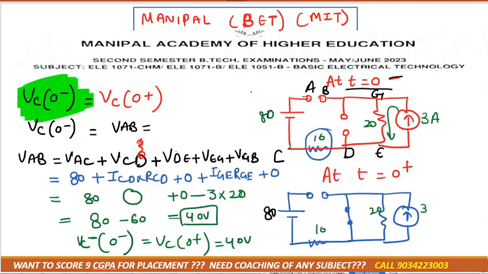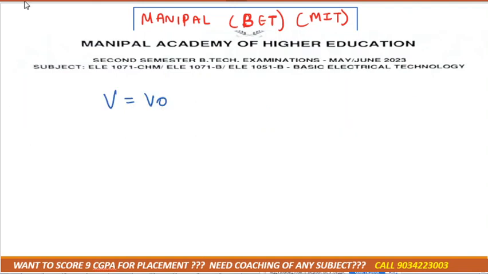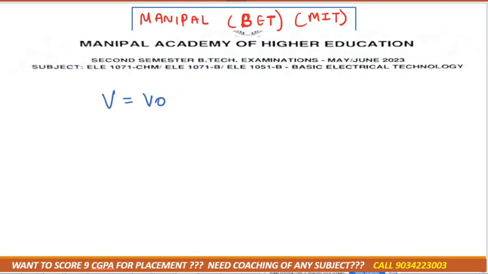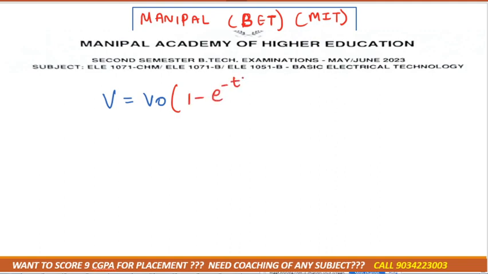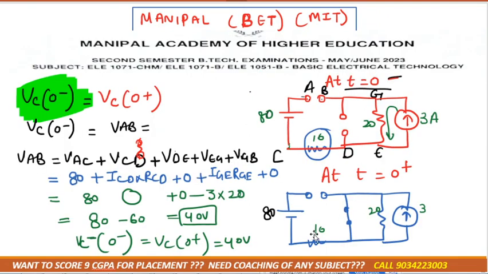Now it keeps on charging, then only it will move to 50 volt. So we have the formula for charging, V equal to V naught into 1 minus e raised to power minus t by tau. Tau formula is equal to R equivalent multiplied by C. So for this, R equivalent is how much?